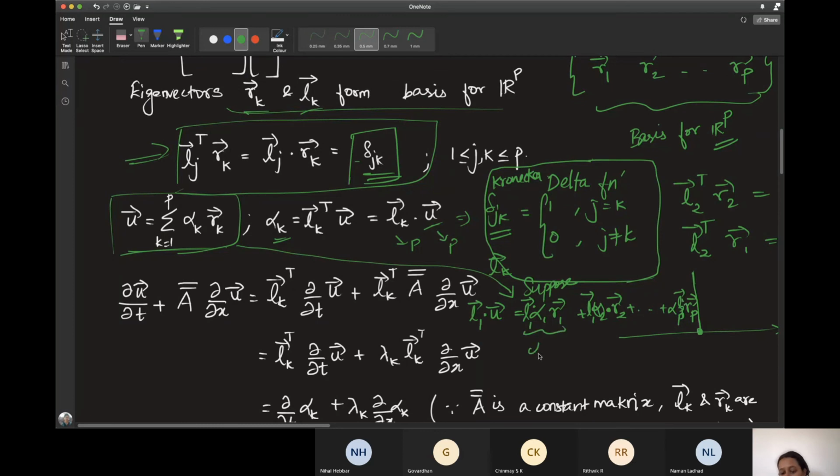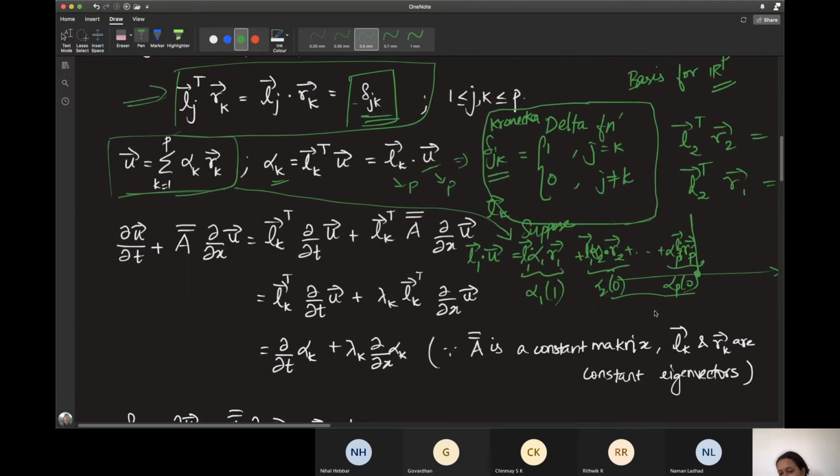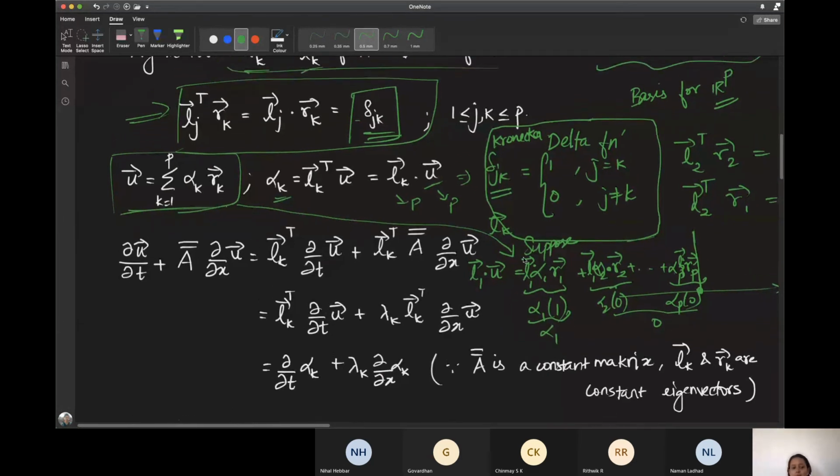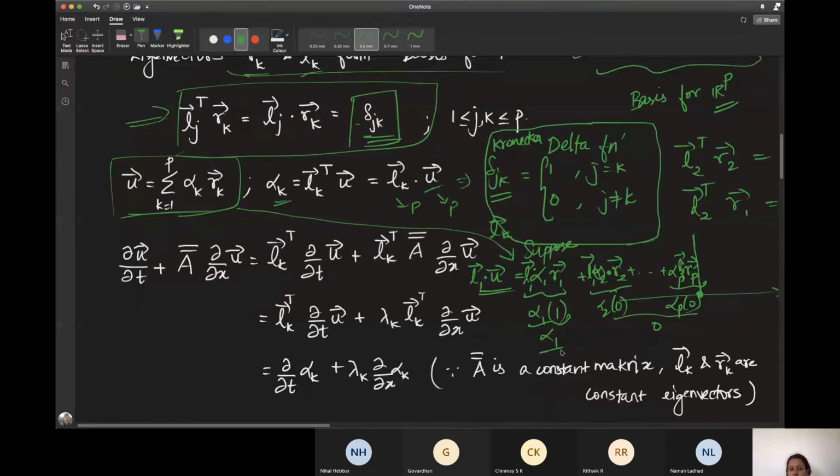Now this leads to alpha 1 into 1, whereas all the others lead to alpha 2 into 0, up to alpha p into 0. So all of these will be 0, and you only end up with alpha 1. So your L1 dot u is alpha 1.